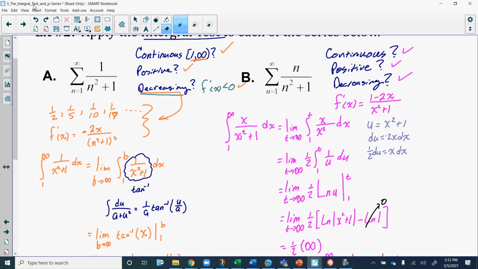So if we look at the expression as an improper integral in terms of a function x over x squared plus 1, we say the limit as t, the variable that I'm choosing to work with, approaches infinity of x over x squared, and I forgot to write my plus 1 here, plus 1.